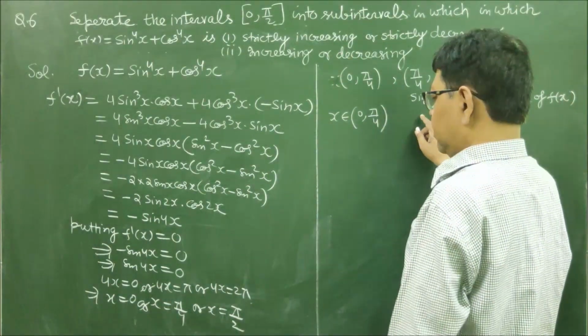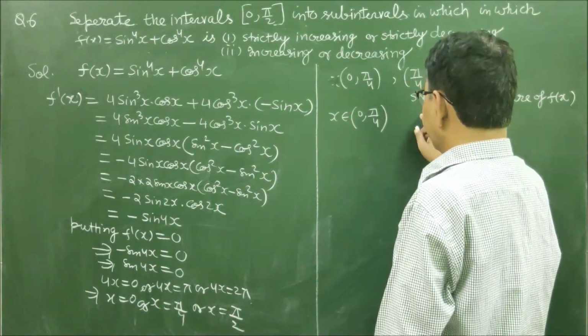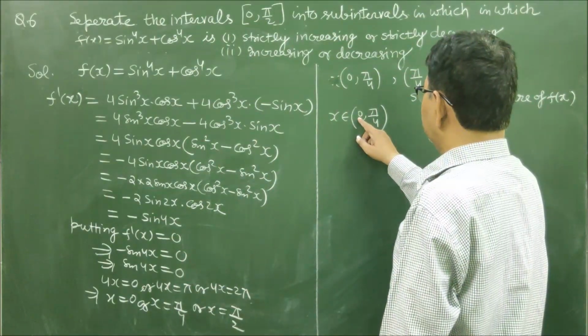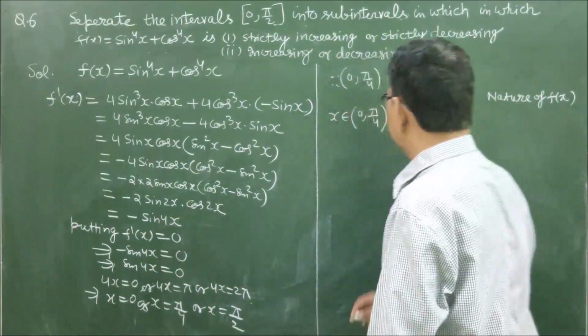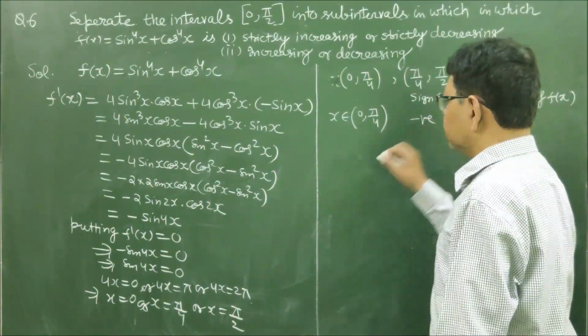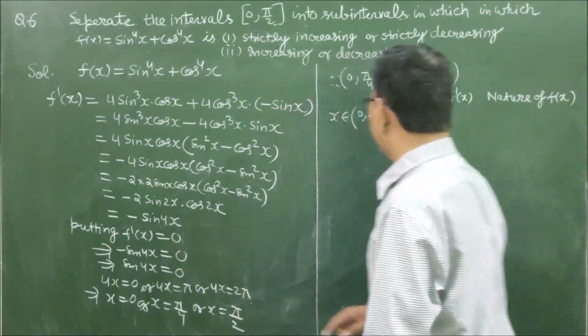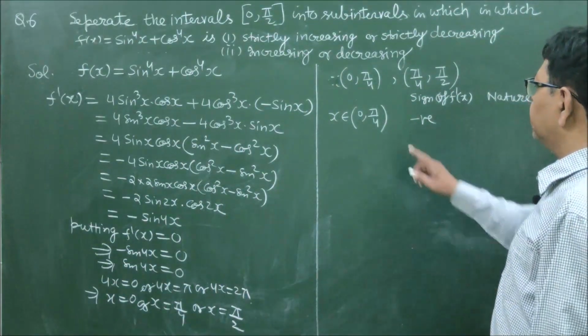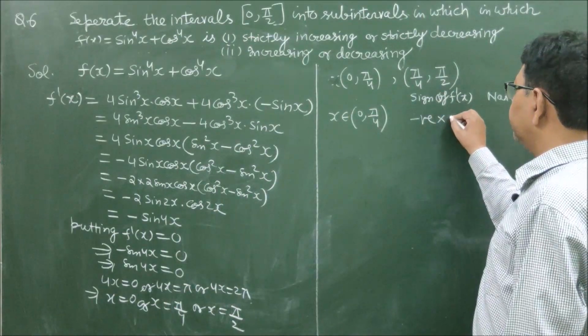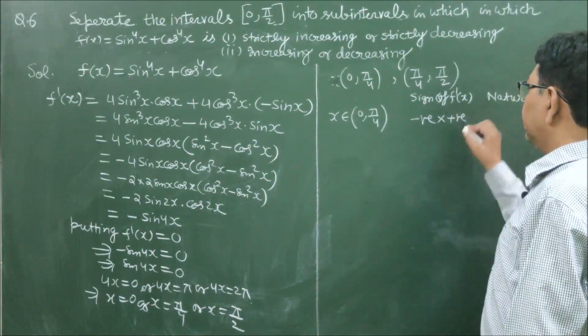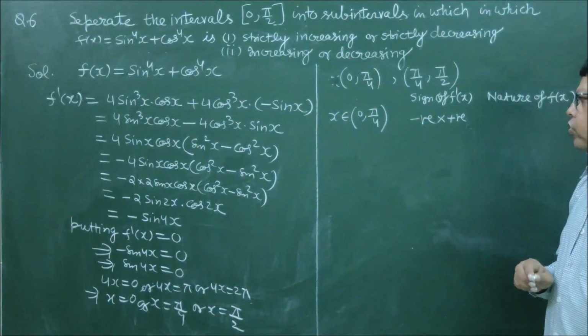So if x belongs from 0 to pi by 4, the negative sign is already there, and sin 4x will be from 0 to pi, since 4x changes from 0 to pi. It means it will be positive in the angle range from 0 to pi.